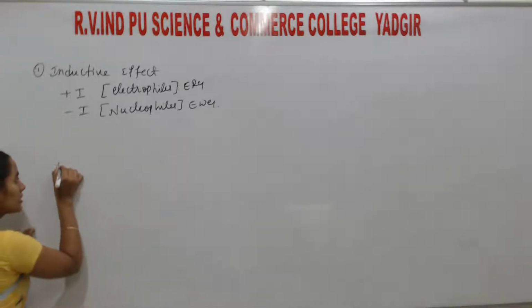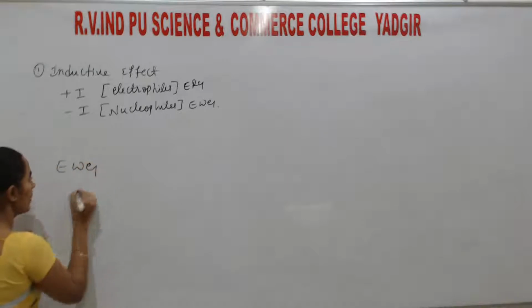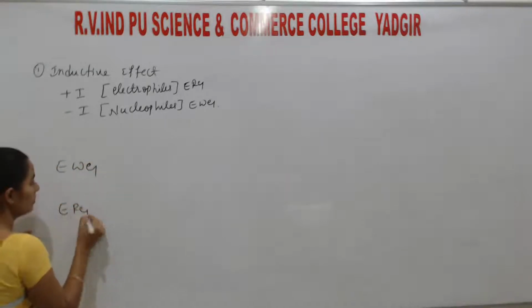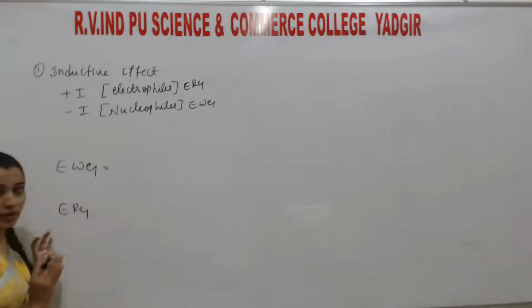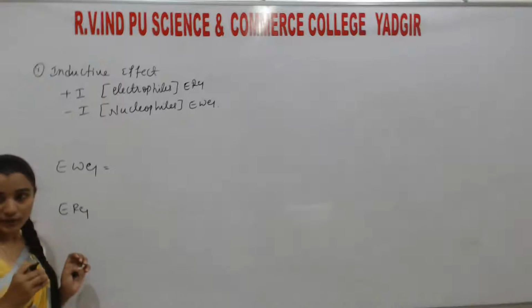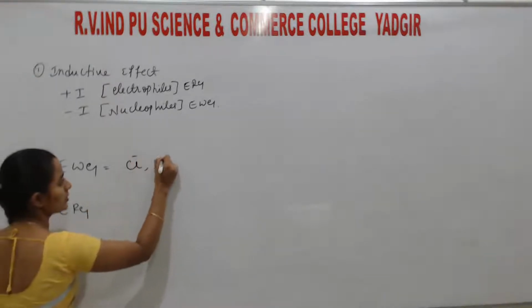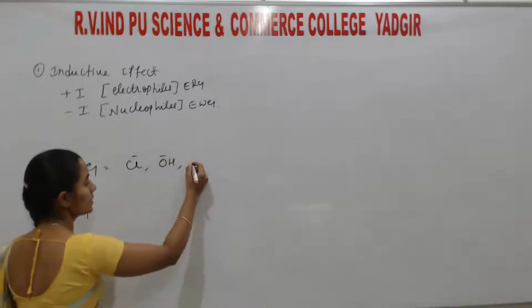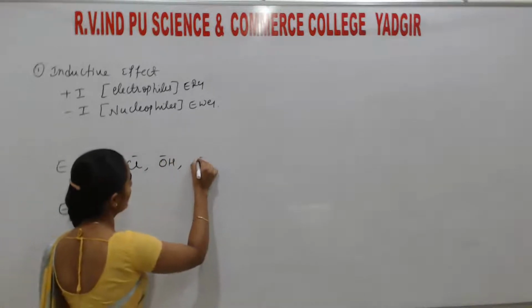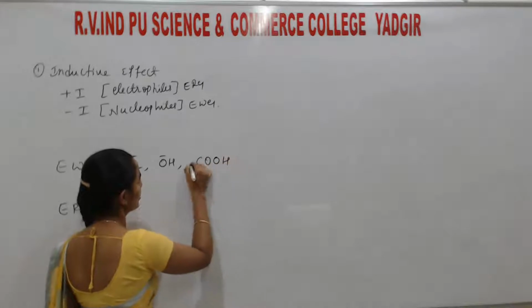Listen, students. I will give some electron withdrawing groups and electron releasing groups. Electron withdrawing group means which withdraws electrons. So it may be Cl minus, OH minus, and then COOH.